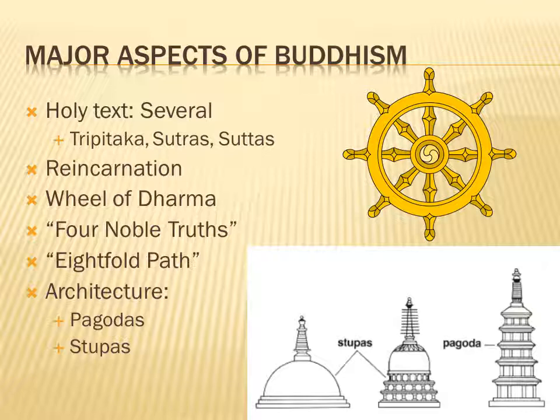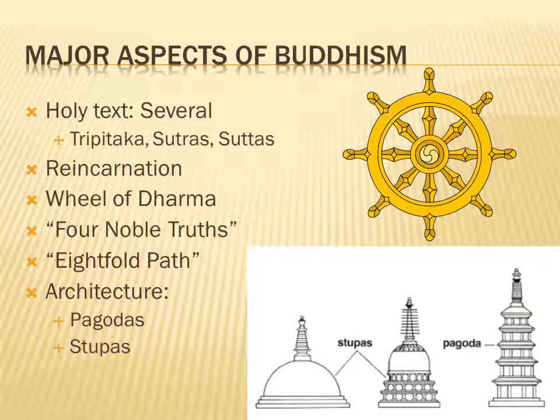The final element of our baseball card, to keep this analogy going, is again elements of the cultural landscape, things that might be identifiable for us, and architecture is always a good one. There are two major types of architecture we should be familiar with as far as Buddhism is concerned.